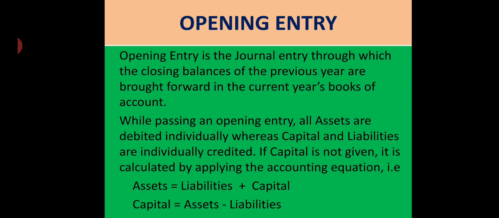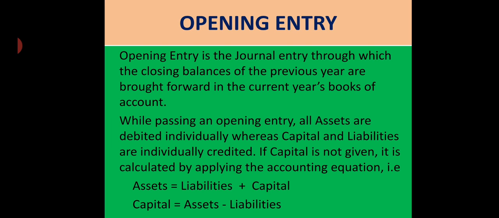So whatever closing balance is related to the previous year, we have to bring those balance to the current year books of account. So that process of bringing down of the closing balance to the current year is known as opening entry.